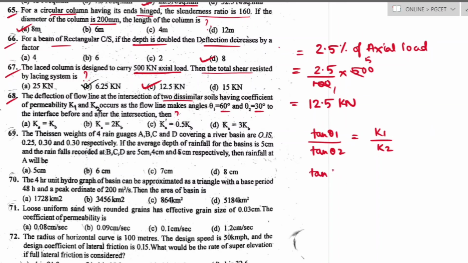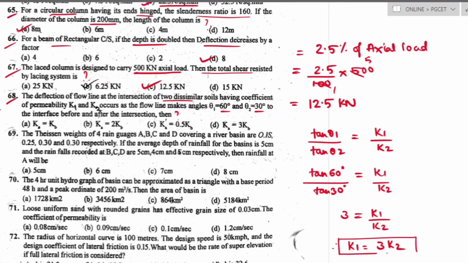That is tan 60 degree divided by tan 30 degree is equal to K1 divided by K2. If you solve this, tan 60 divided by tan 30, you will get 3, that is equal to K1 divided by K2. So K1 is equal to 3 times K2. So this is the relation between two permeability coefficients. So option D is the right answer.